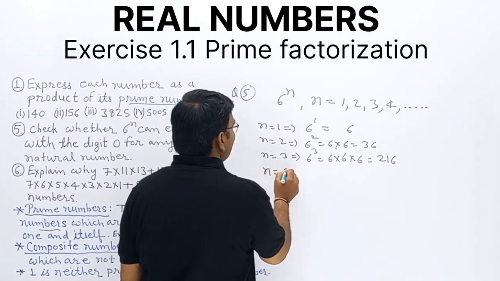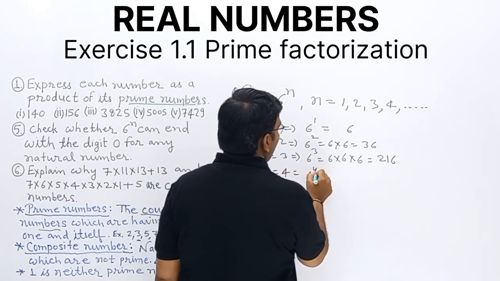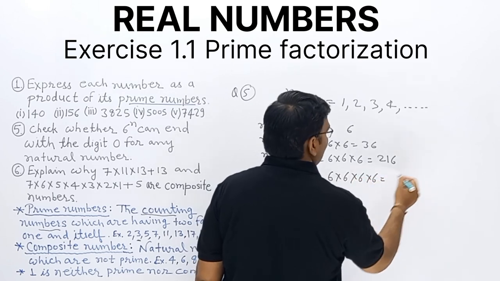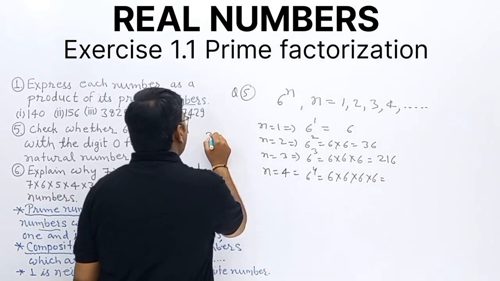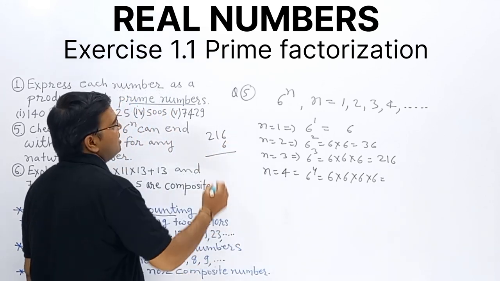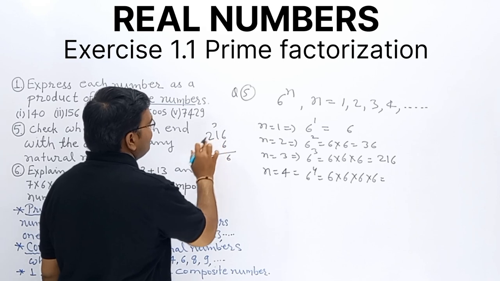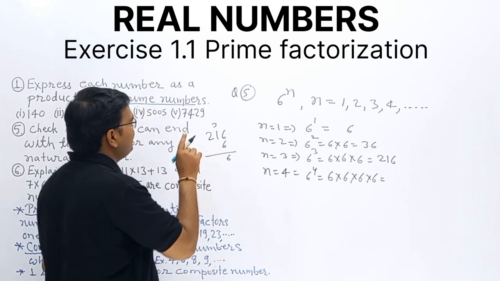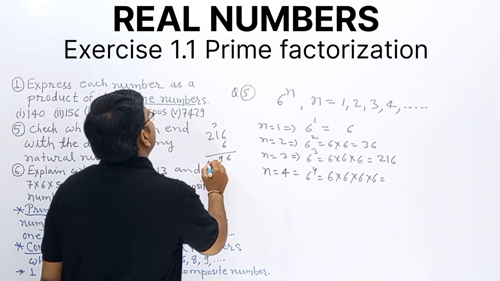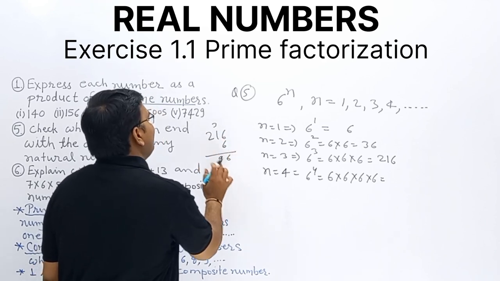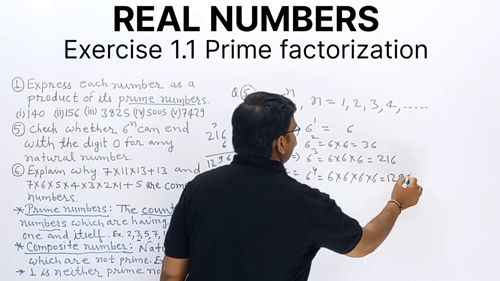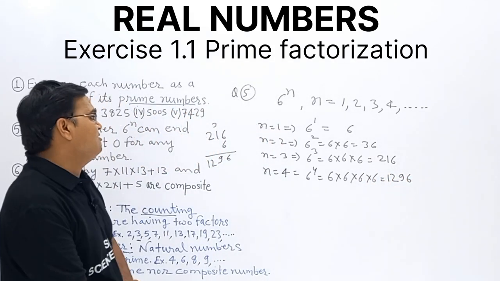Now n equal to 4, 6 power 4, 6 into 6 into 6 into 6, 4 times. Multiply 216 by 6: the result is 1296, and so on.